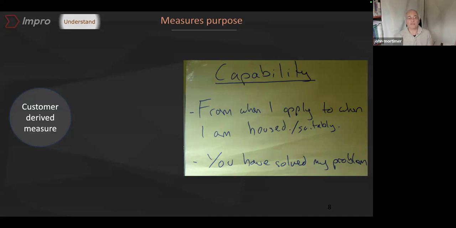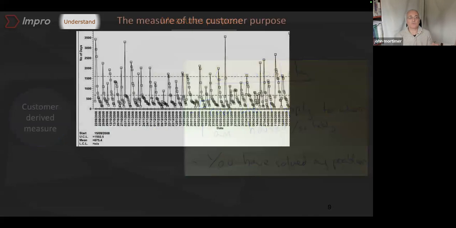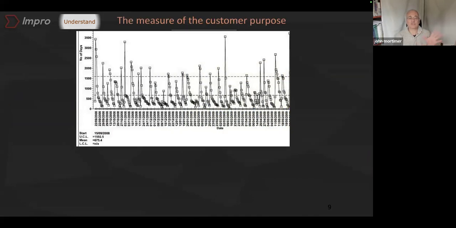It's from when I apply to when you've helped me with housing and you've given me a property, isn't it? So what we did in the team, and again, they had no measure of that. Their measures were all split up. The measures that we then undertook highlighted the actual progress of achieving that measure for people in need.